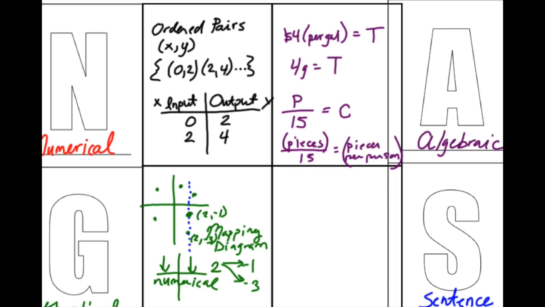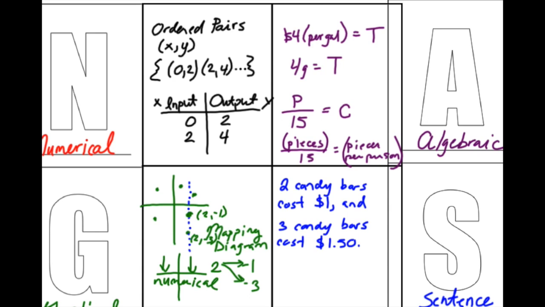The last representation that we'll look at is sentences, and this should be pretty straightforward. We're just thinking about how sentences represent equations. So if I was going to say 2 candy bars cost $1, and 3 candy bars cost $1.50, this particular sentence actually represents a function, right?